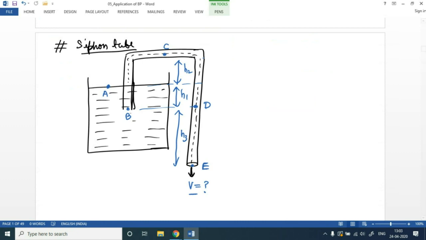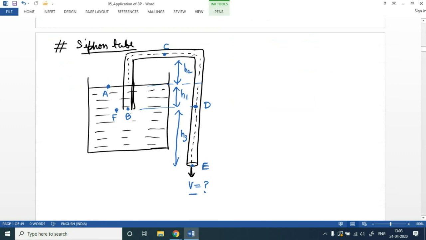Now see what exactly is happening. Let's look in terms of energy. When a chunk of liquid moves from A, or let's take another point F, just outside the opening of the siphon tube but at the same level.